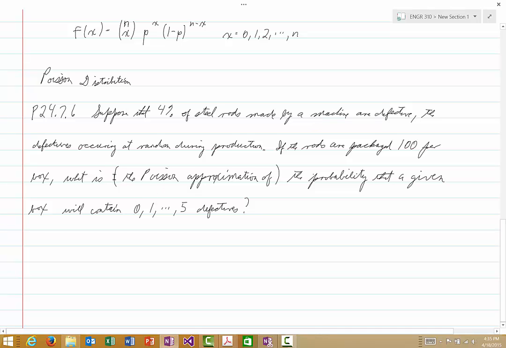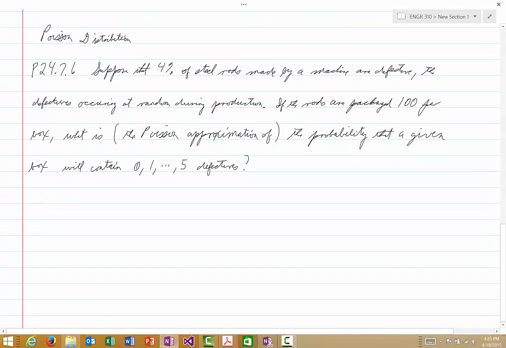Well, if you didn't have those words, without the words in parentheses, we're going to solve the problem that way first, and then we're going to come back and solve it with the words in parentheses.